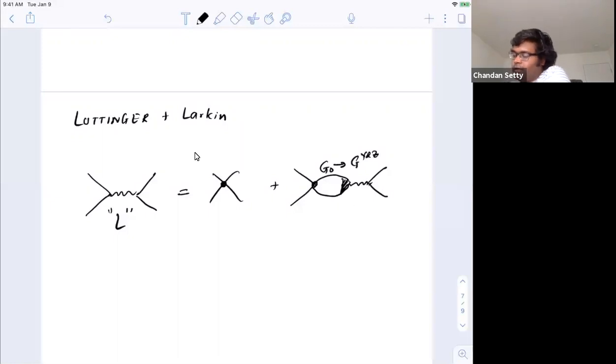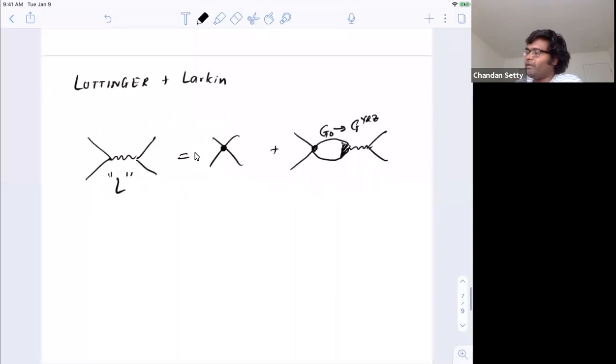Okay, in principle, you have to do this in a way that respects the Ward identity. Okay, and I'll come to that later. But for now, I will just replace G0 with the fully interacting YRZ Green's function. And I can evaluate that. I'll show you a few steps about how that is done, and then I'll show you the final result.